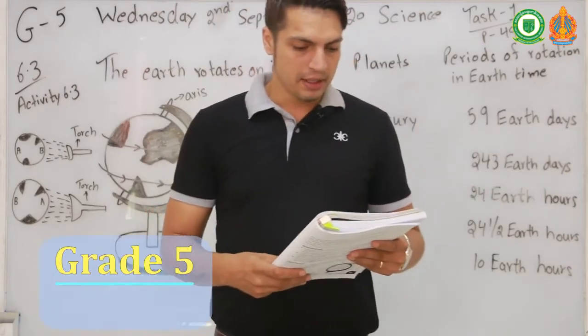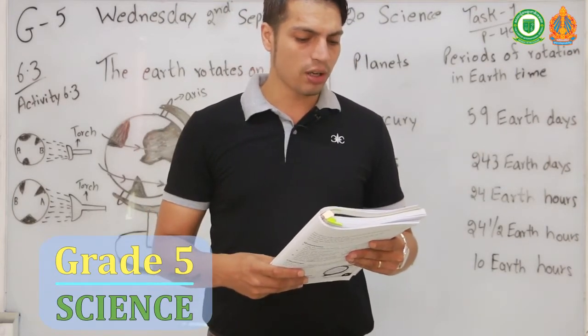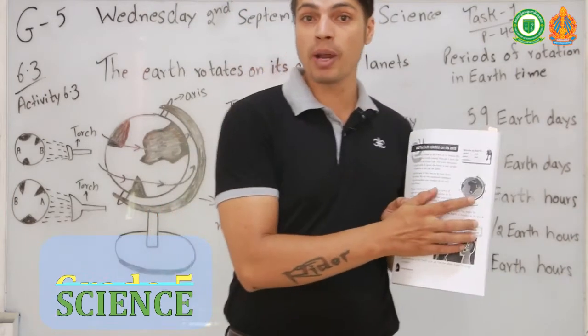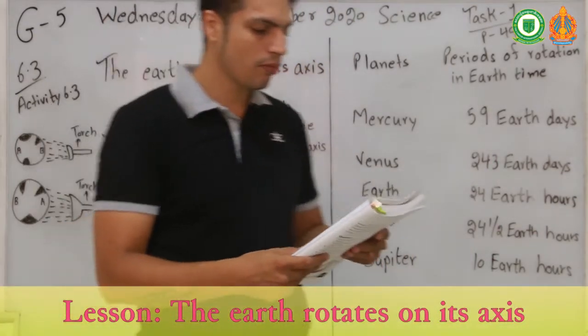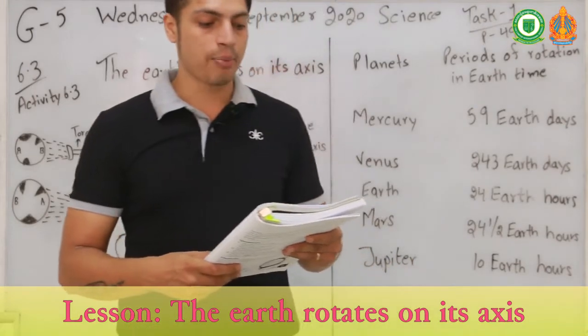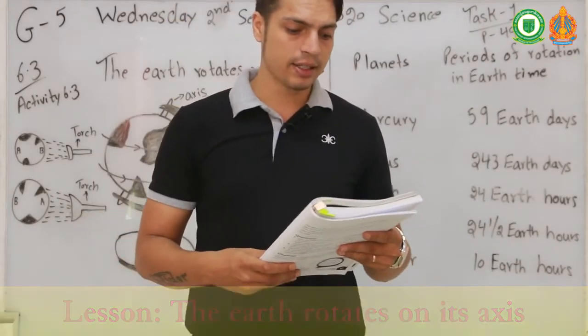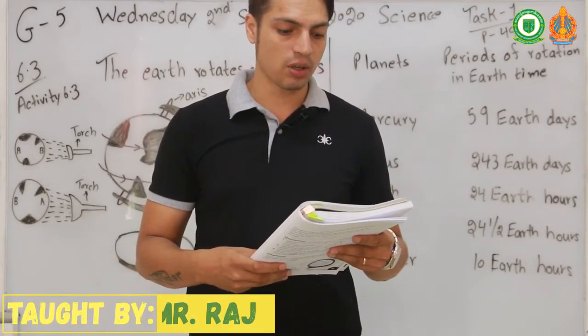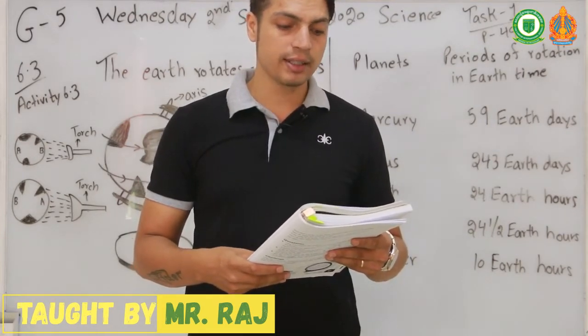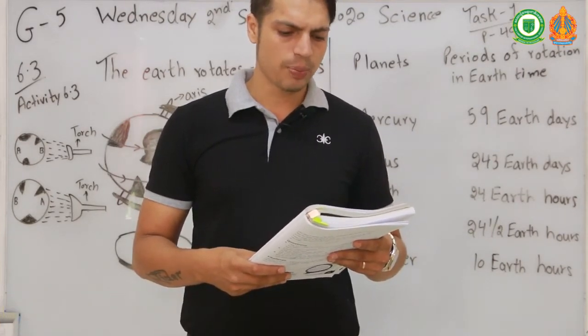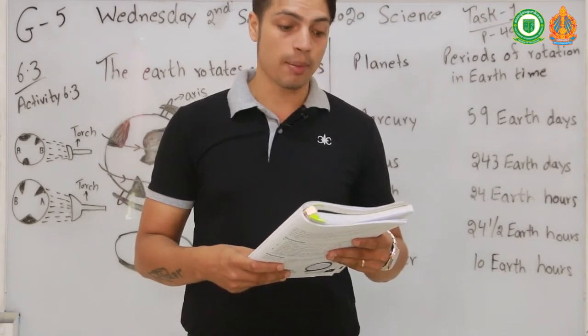The globe is a model of the Earth, as you can see here in the book. It is shaped like a ball and it has a stick passing through it from the North Pole to the South Pole. This stick represents the Earth's axis. In space, the Earth is not upright.